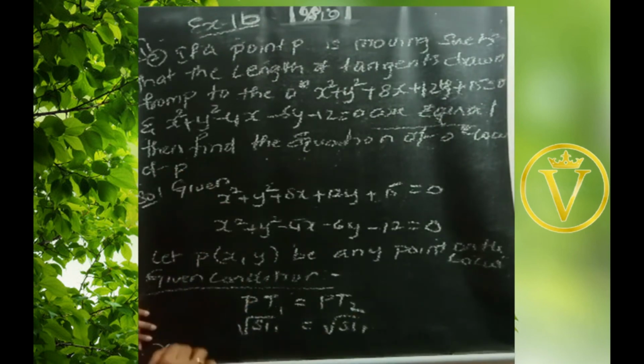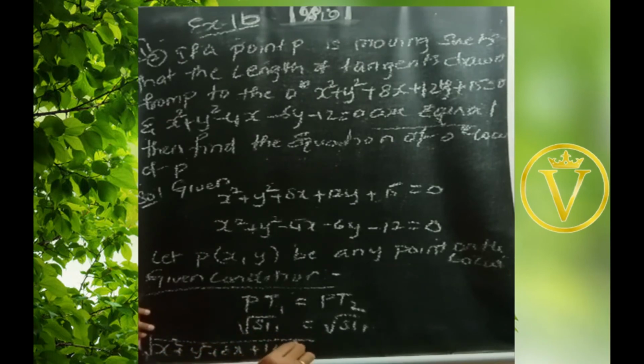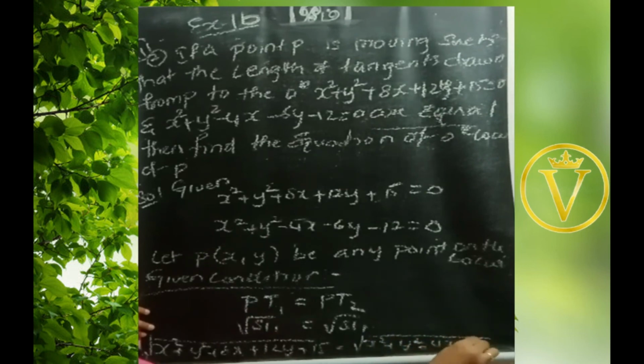This is root of x square plus y square plus 8x plus 12y plus 15 equals root of x square plus y square minus 4x minus 6y minus 12.